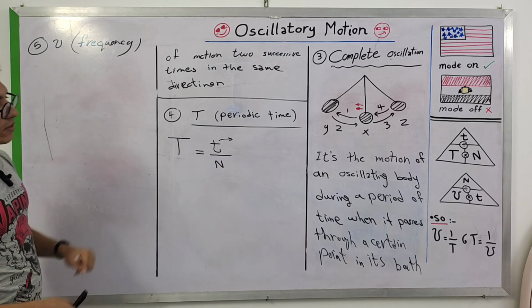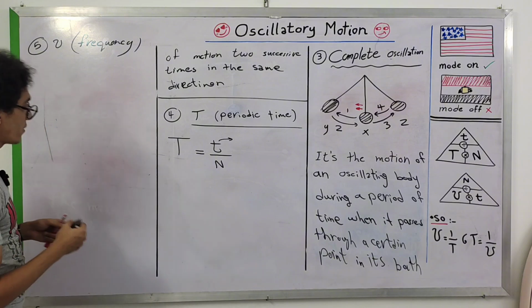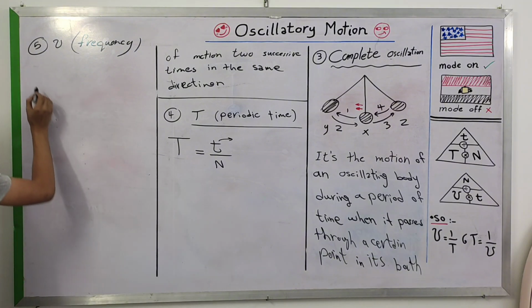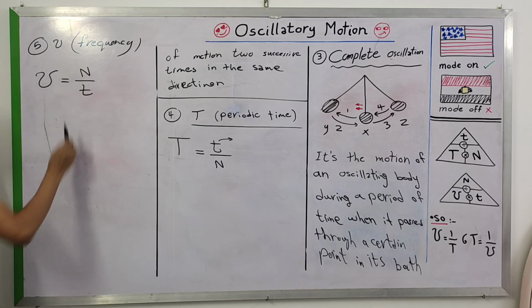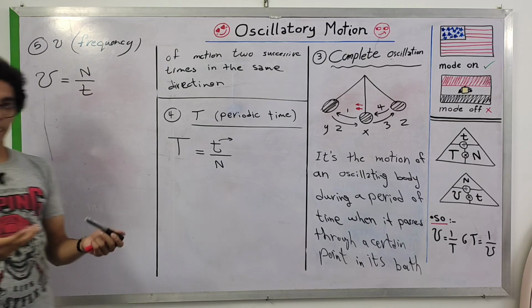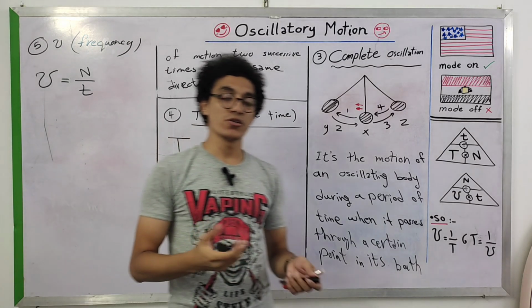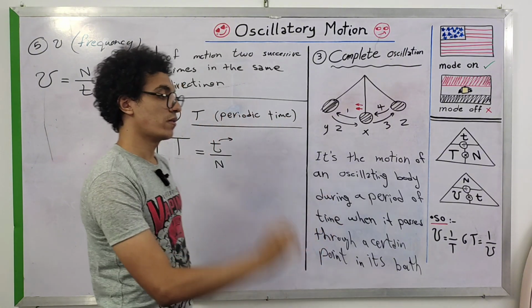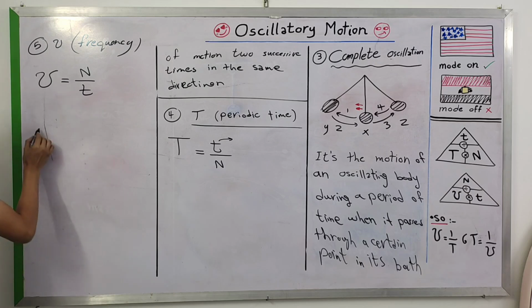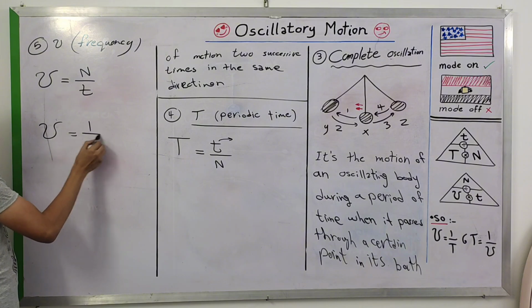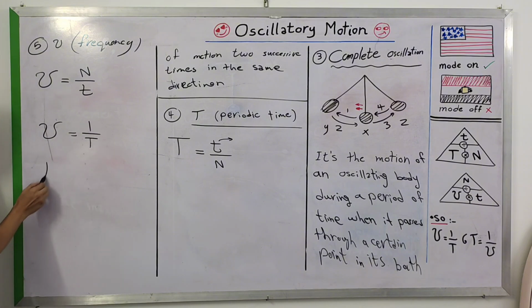Okay, the frequency is the reverse of it as a mathematical form. Nu equals N over t. And what is it? It is the number of oscillations in a specific time. So we can see that nu, pronounced as nu, is equal to 1 over T, and T equals 1 over nu.